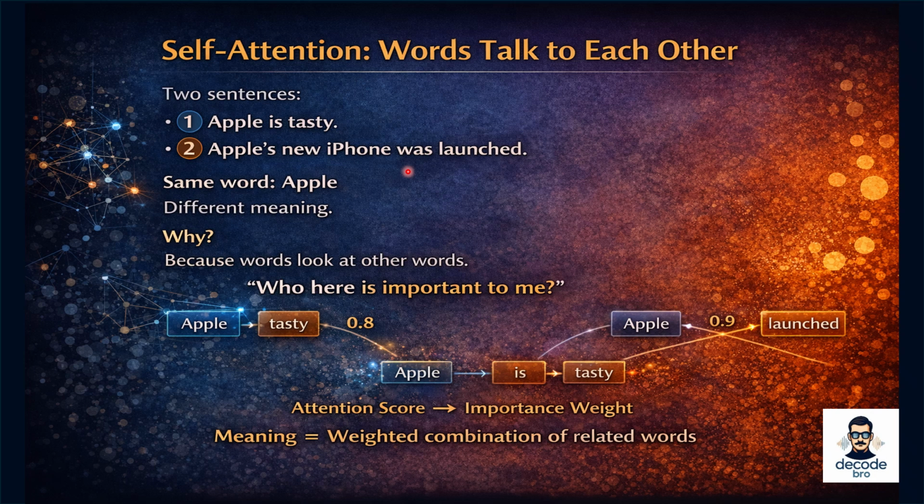Higher scores mean stronger connection. Stronger connection means more influence. For example, in the second sentence, the word Apple gives more weight to iPhone and less weight to new. This is self-attention. Every word checks every other word, all at once, not one after another. That's powerful.